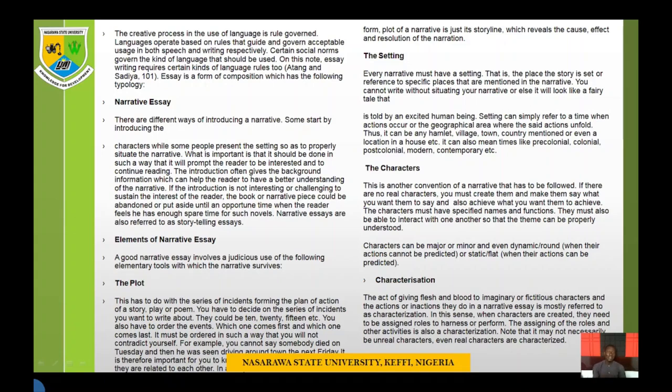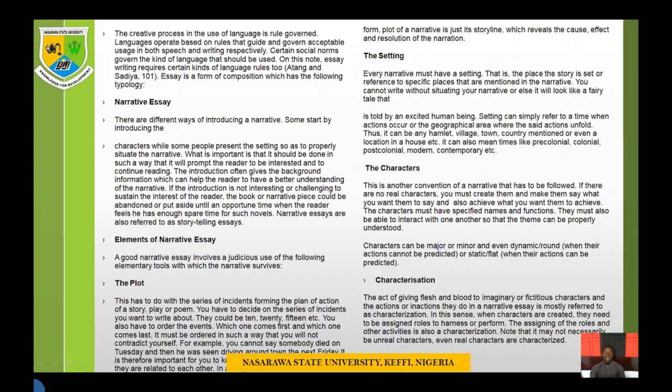So by characterization, we mean the act of giving flesh and blood to imaginary characters for them to achieve what you want them to achieve, or do what you want them to do, for you to propel your own thematic preoccupation. So to characterize is to give flesh and blood to characters that are not real. Since you create them, they have to do what you want them to do, because they can't do what they want to do because they do not even exist in reality. That is what we call characterization.